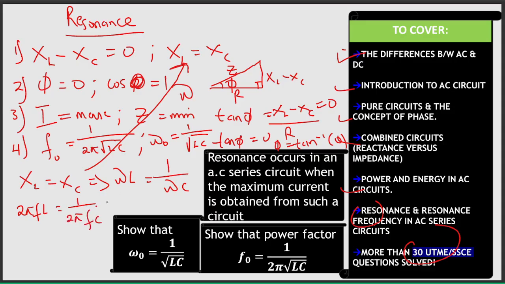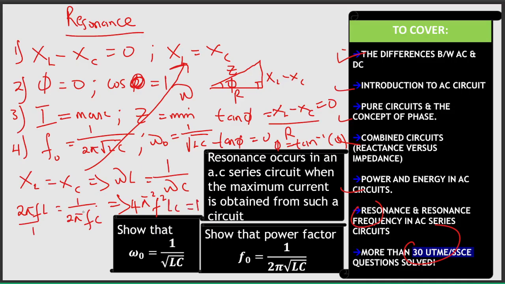Now if we cross multiply, we'll get 4 pi squared f squared LC is equal to 1. Do you remember?